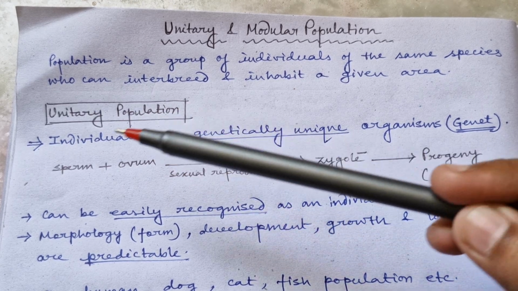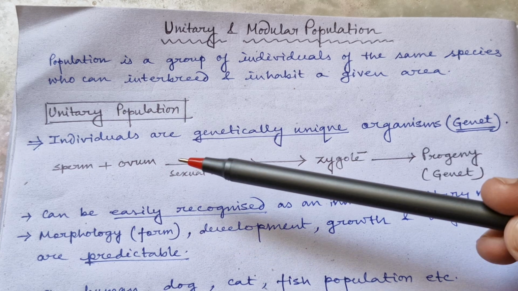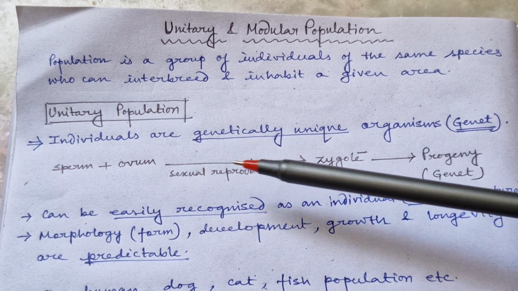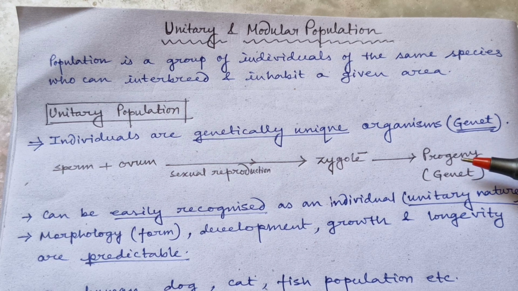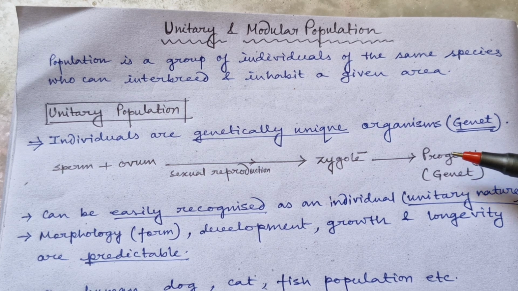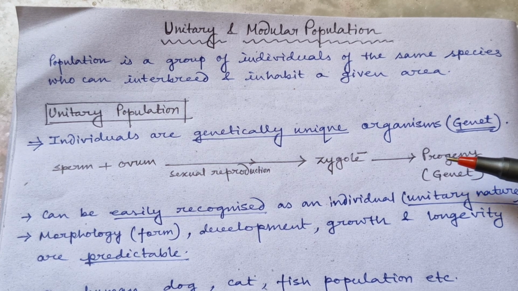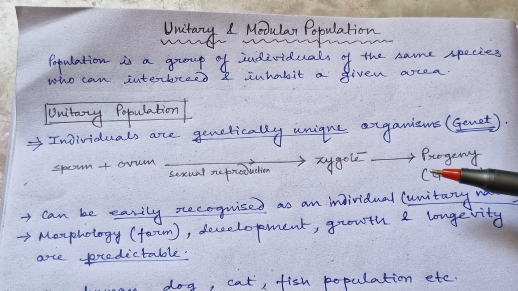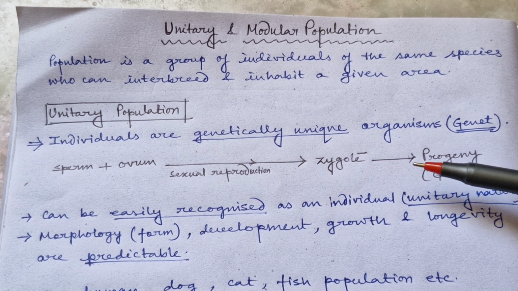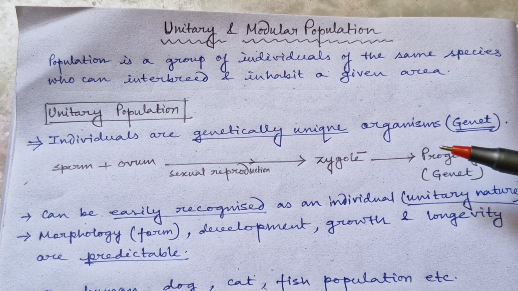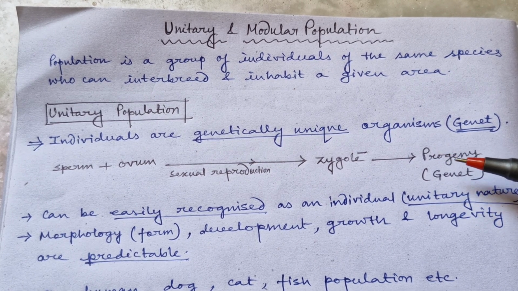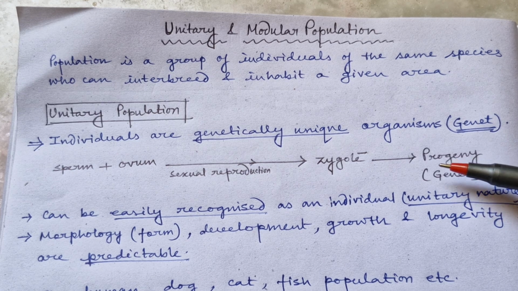In sexual reproduction, we know that sperm and ovum, or male and female gamete, meet and a zygote forms. From this zygote, progeny is developed which is genetically unique. No other human being or progeny on this earth will have the 100% similar genetic constituent of this progeny. So that is why it is known as genet. Got it?